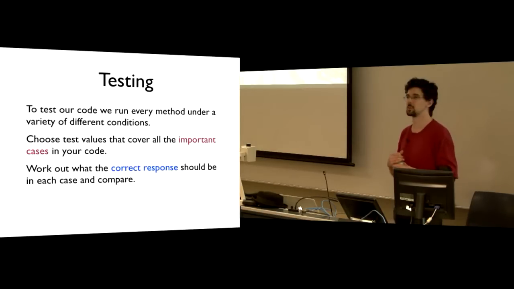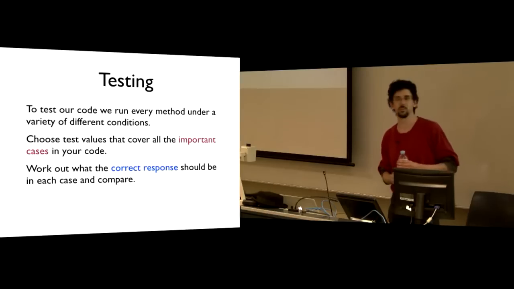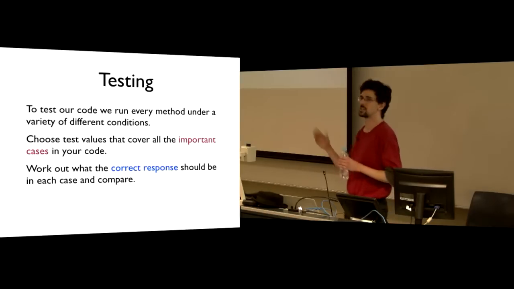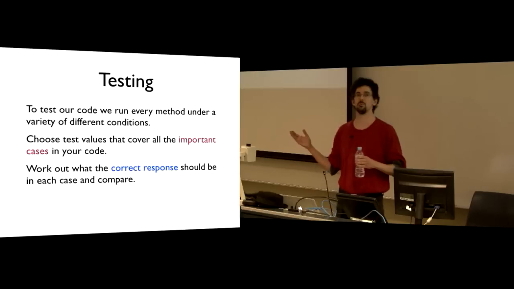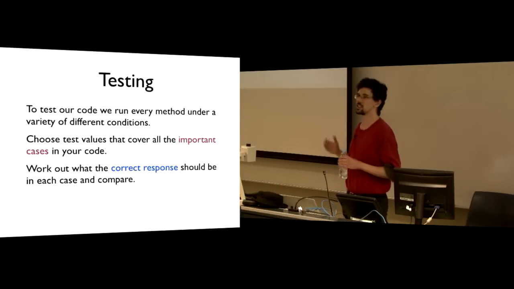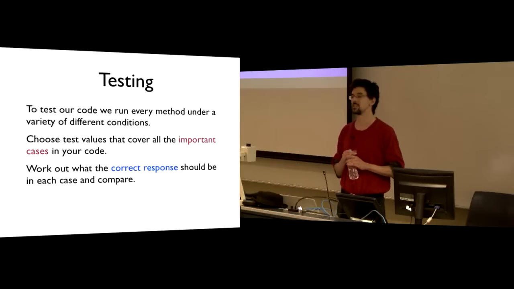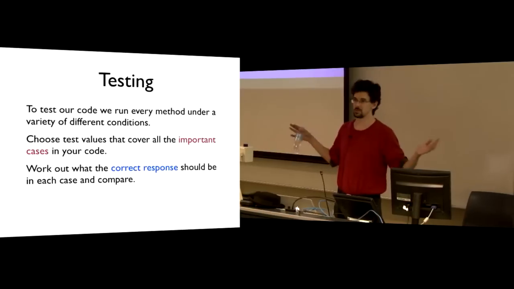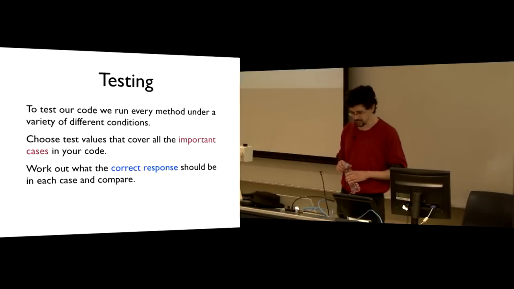If I do it once, it's probably going to work for all usernames, because there are no special cases for different kinds of usernames. Whereas if I test my profile for one date of birth, it might work with one date of birth and not with other dates of birth. So we need to choose enough test values to gain some confidence that our code is actually doing the right thing in as many cases as we can.